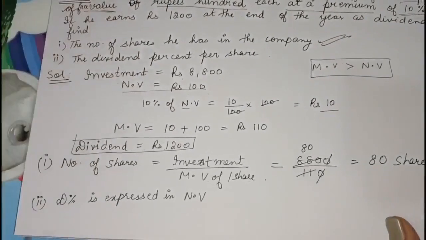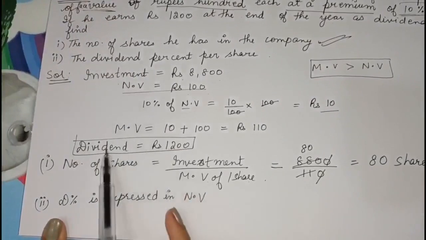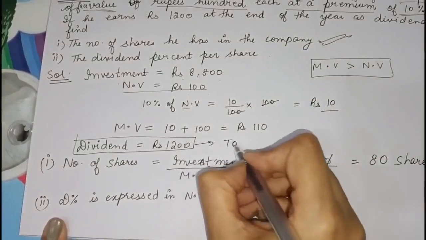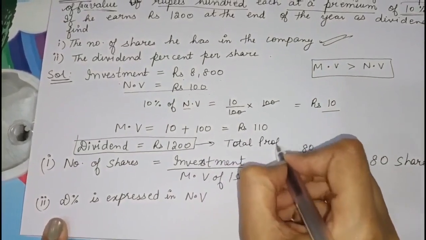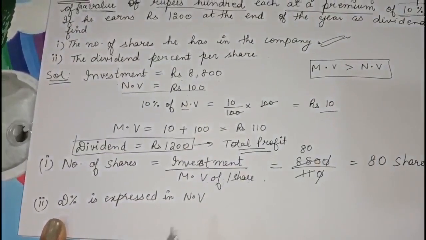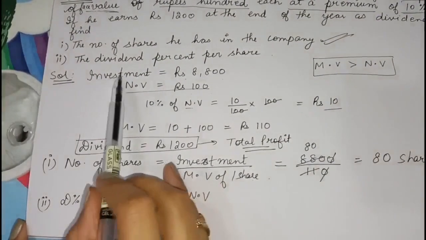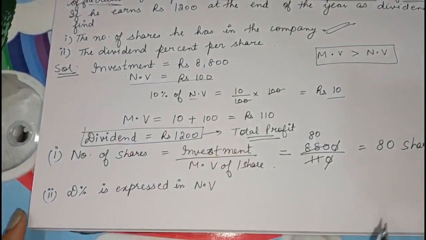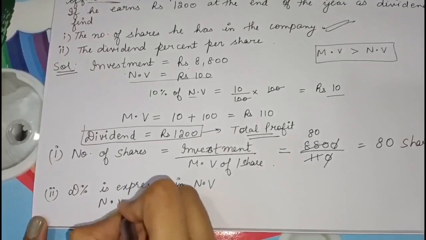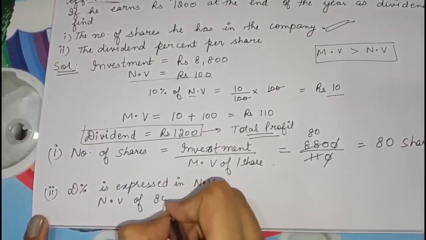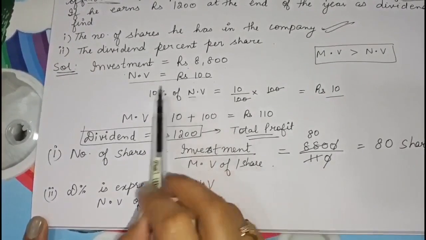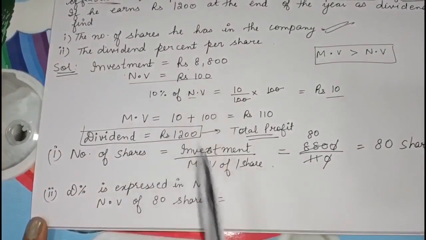Now how will we find the dividend percentage here? You can see that the overall dividend is given to us. Overall dividend means total profit. And what else do we know? We know NV is equal to rupees 100. So first of all, we'll find the NV of 80 shares, because the NV of one share is given to us as rupees 100.